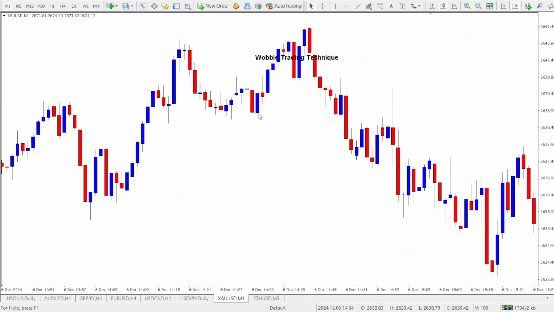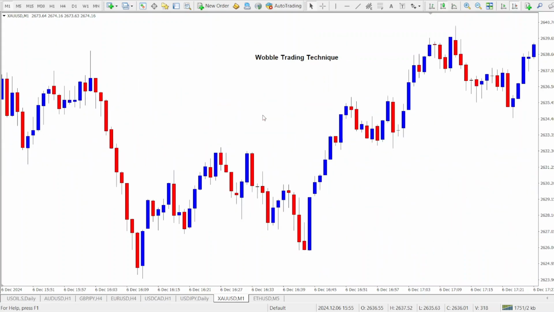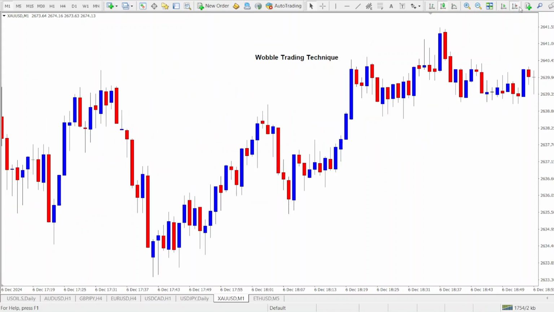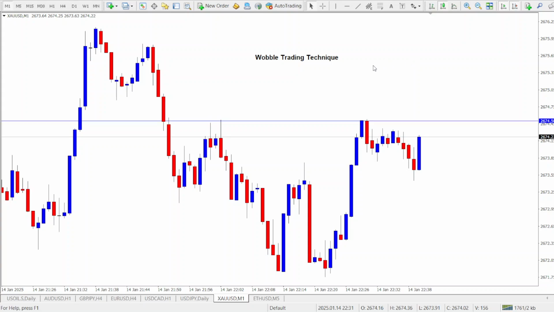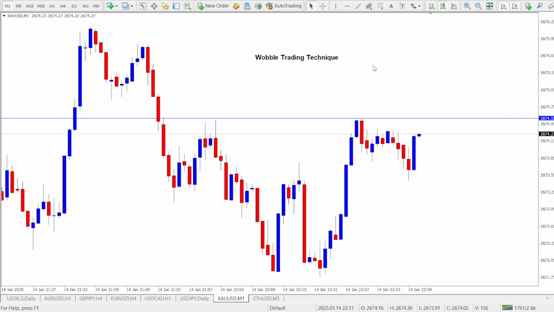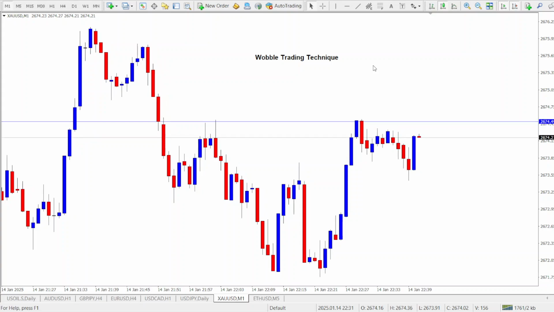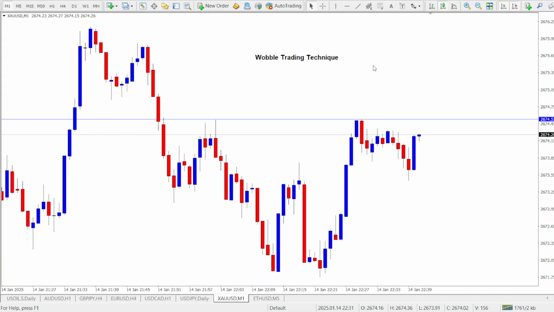The idea is to break your trades into smaller, more manageable chunks. It allows you to adjust and pivot as the market moves. So this method is excellent for controlling risk and capitalizing on small, consistent wins in volatile markets.